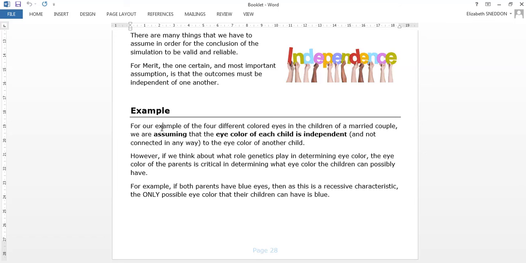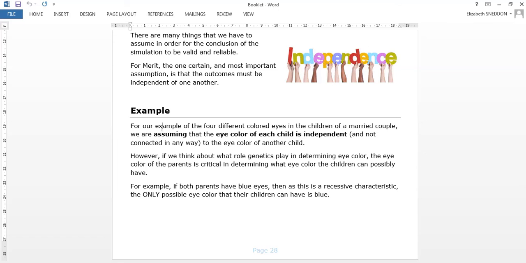And that means that our whole model could be at risk, because I can't completely trust everything that I've generated. I can't completely trust my data, because that data is based on an assumption that is not true. So my data, my results, my conclusion may not be accurate because I have a problem with this independence assumption.